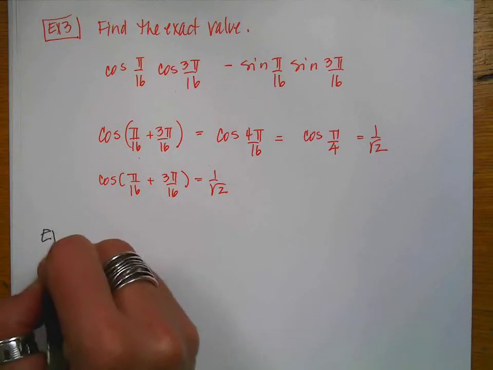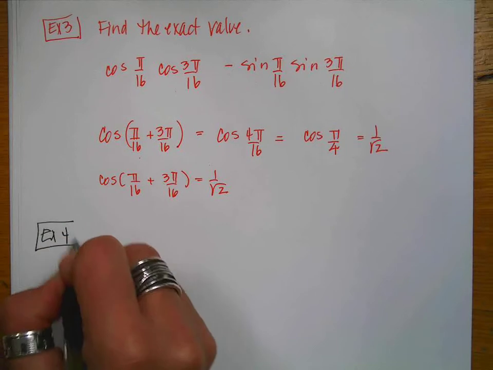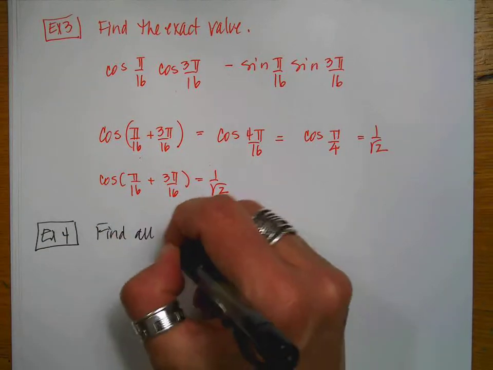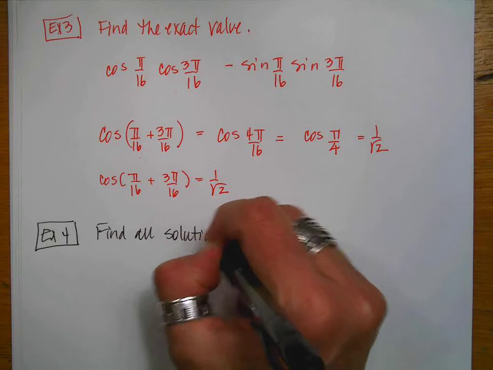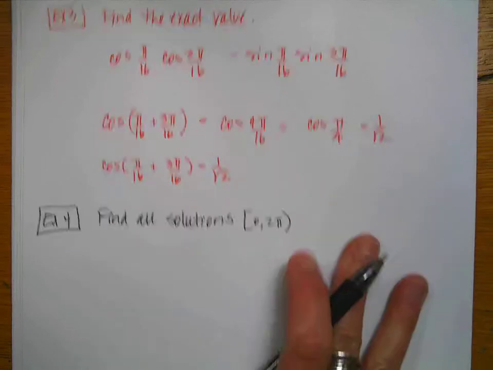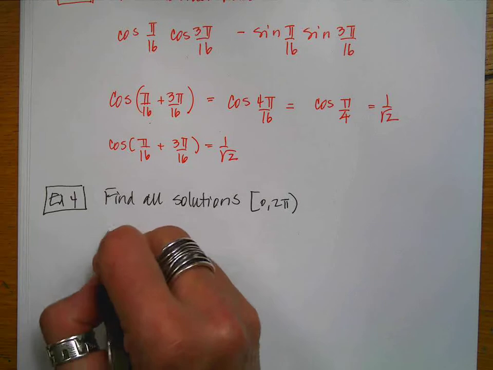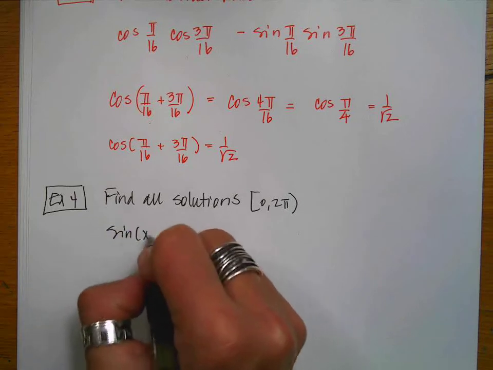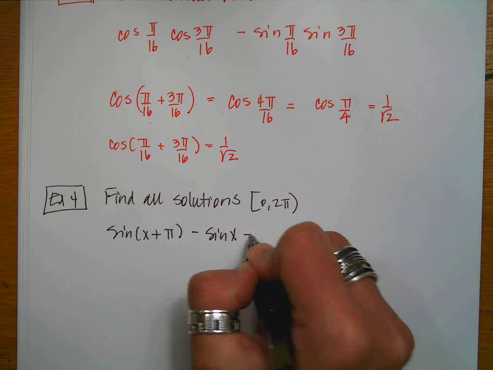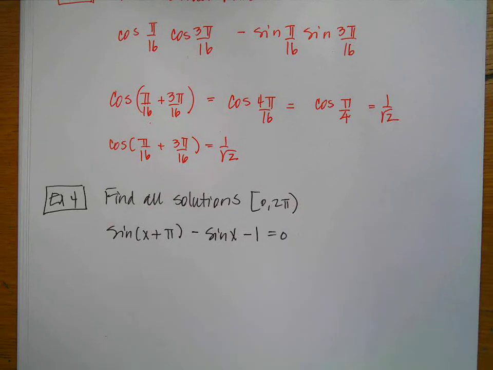Nice short day today. So example number 4 says find all solutions, and we're going to go from 0 to 2 pi, so in one full rotation. And I'm given the sine of x plus pi minus the sine of x minus 1 is 0.